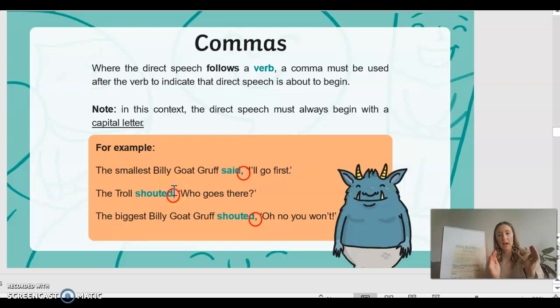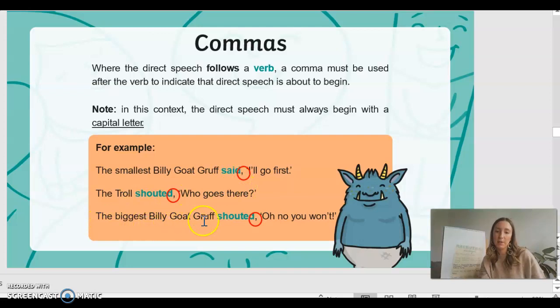Sometimes we can put the information before the talking. For example, the smallest billy goat gruff said, comma, talking marks, I'll go first, full stop, talking marks. Another example, the troll shouted, comma, open talking marks, who goes there, question mark, close talking mark.